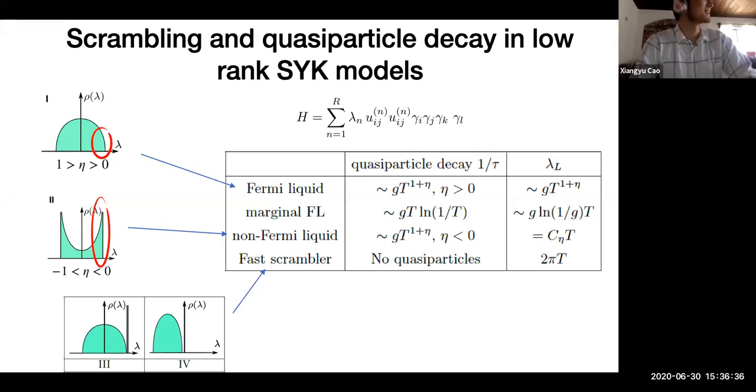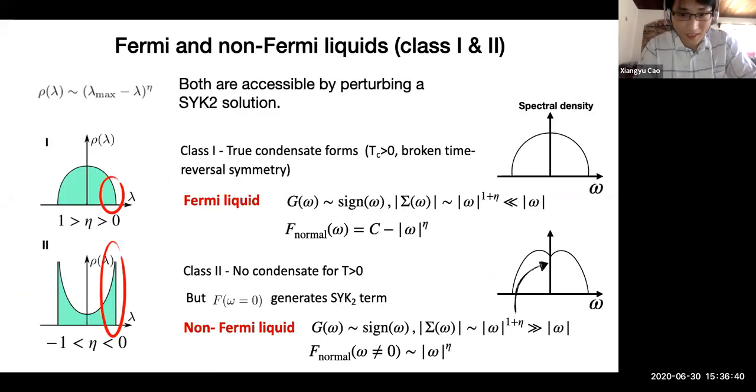Yeah, so this is a little bit ill-defined. Let me go back to this slide and explain what I mean. Strictly speaking, there are no quasiparticles. They are destroyed by this self energy. However, if you look at the Green function, it still has this sign of omega, which comes just from random matrix theory.